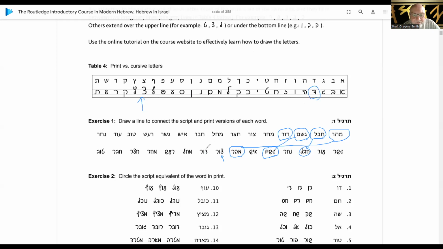And this right here it's not quite the pigtail looking thing, but I think that's what they're going for. That's what they want us to connect to dor. Okay, so this one connects to this here.